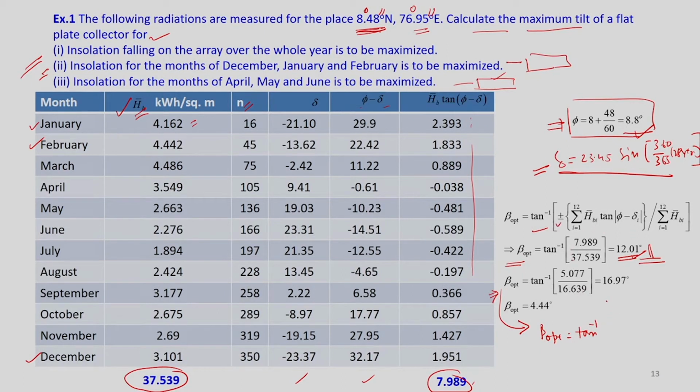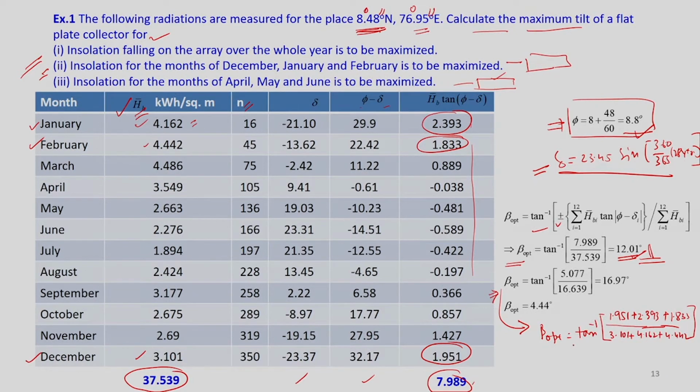So, tan inverse we have summation of 1.951 plus 2.393 plus 1.833, divided by 3.101 plus 4.162 plus 4.442.